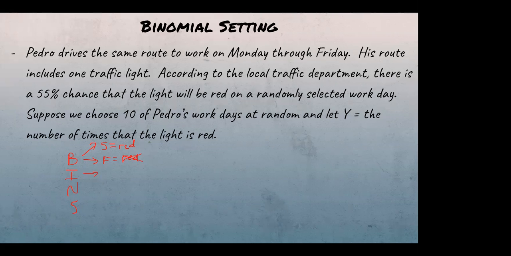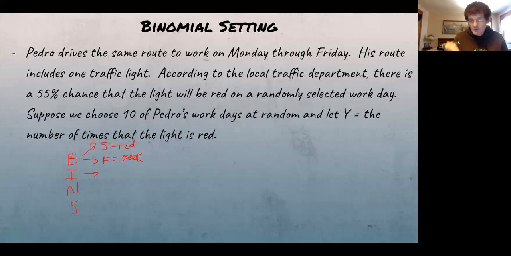Yeah, these are random days. We can assume it's independent. So I'll just say random. And random on its own doesn't mean it's independent. I want to make sure that's not synonymous, but maybe I should have put something else. But yeah, they're independent. Do we have a set number of trials?